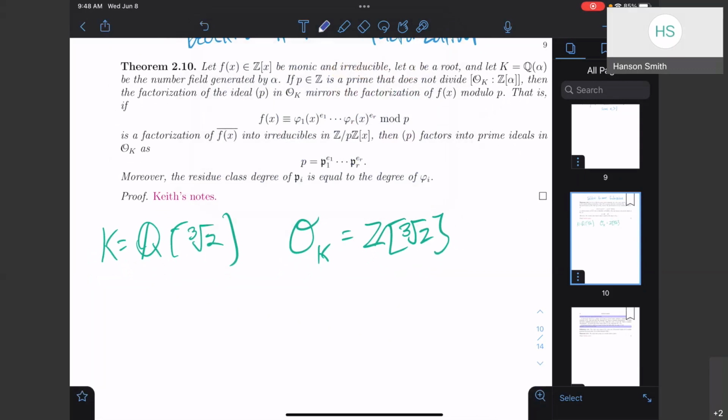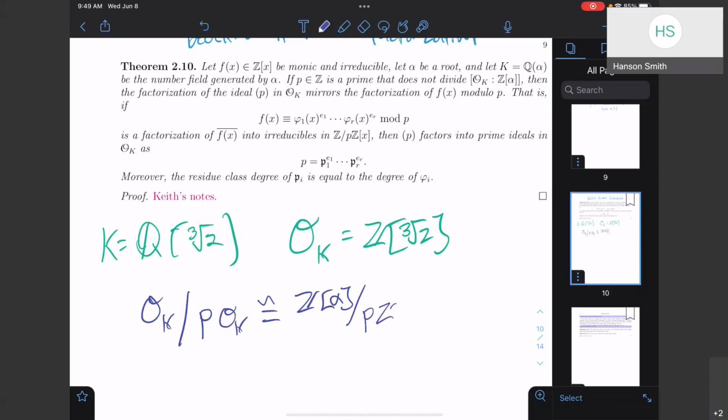So here's why we should even expect this beautiful symmetry between a factorization of a prime and a factorization of a polynomial mod p to line up. So if p doesn't divide this index right here, then O_K mod p, O_K mod p O_K, is in fact going to be isomorphic to Z adjoined alpha mod p, Z adjoined alpha, right?